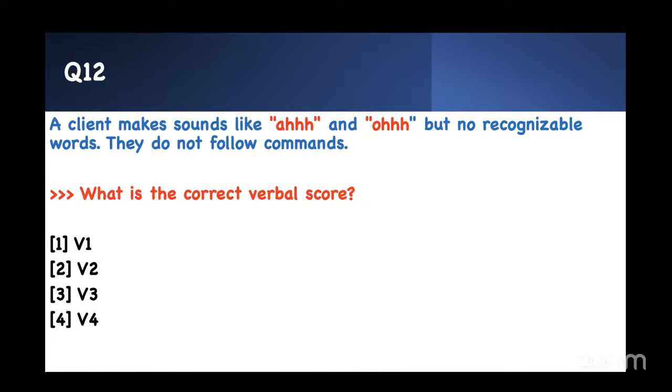Do you think we should give V1 for this patient, or V3, which is the inappropriate word, or V4, which is what? They are confused, right? Or V2, incomprehensible. Oh, it's a form of what? What do you think? I leave that for you. And let me see what you respond. You can send me an email about this.